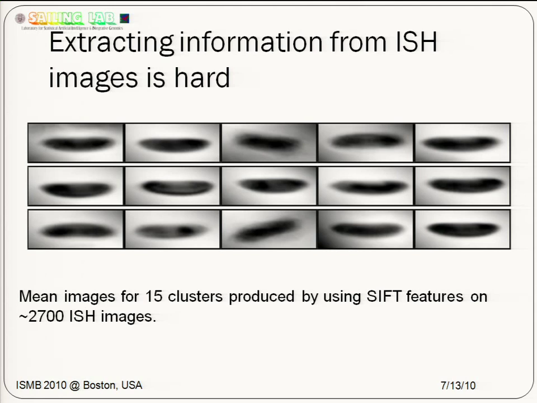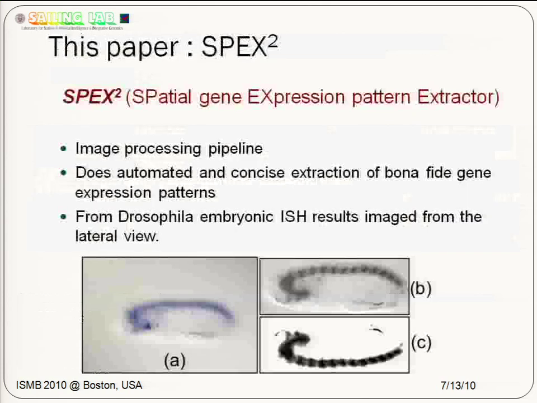What you're getting are clusters, difference in some of the clusters, but this is not really what we intentionally want. We want differences or similarities within the gene. So paper called SPEX square, pattern extractor, access image pipeline.